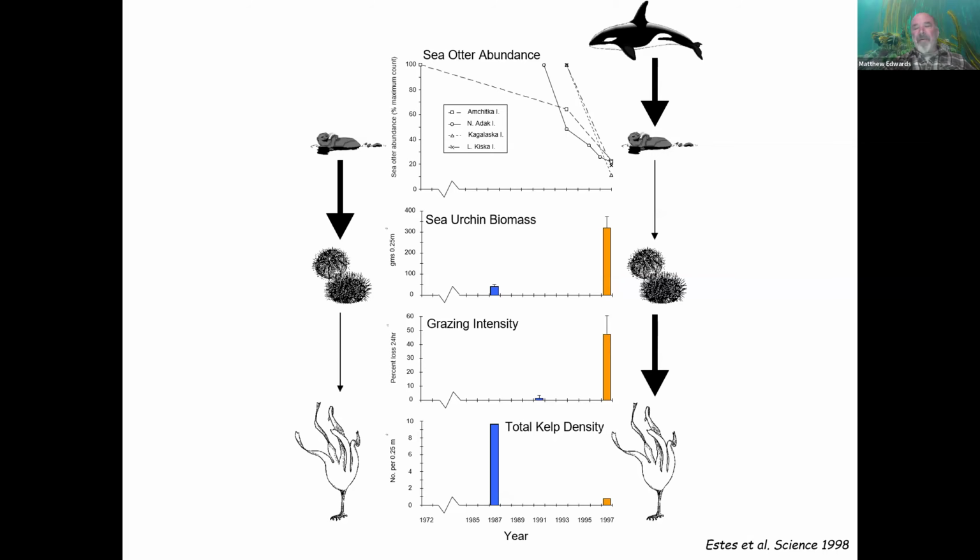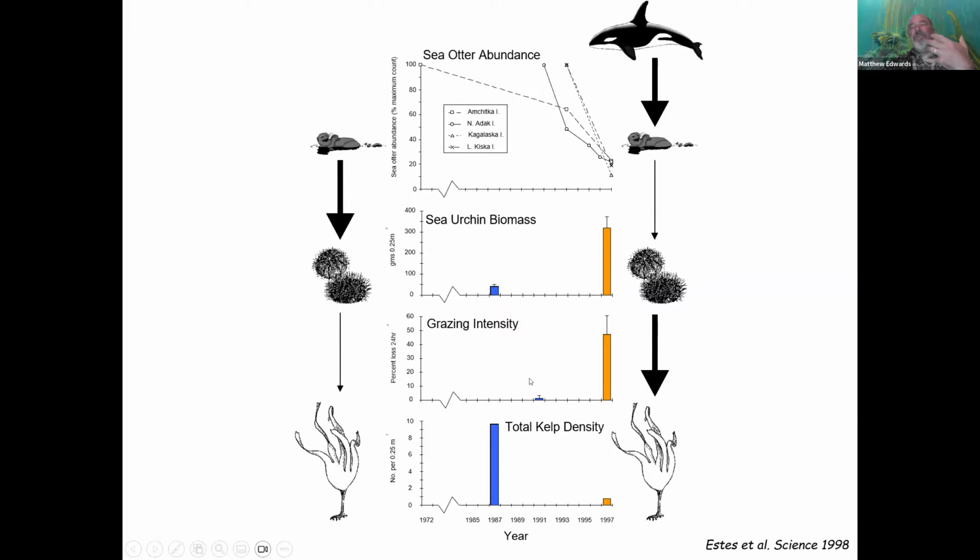And this is an image from Estes's seminal paper in 1998 in Science, where we see sea otter abundance historically, going back to the 70s and 80s, was high, began to decline throughout the 80s and into the 90s, and it's dropped considerably further. Urchin biomass went from very low, exploded.